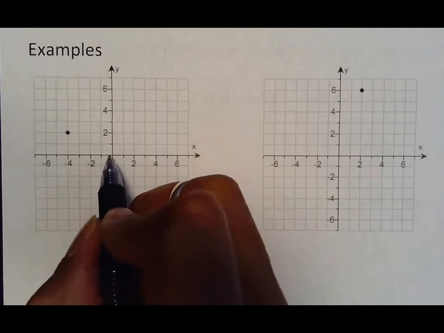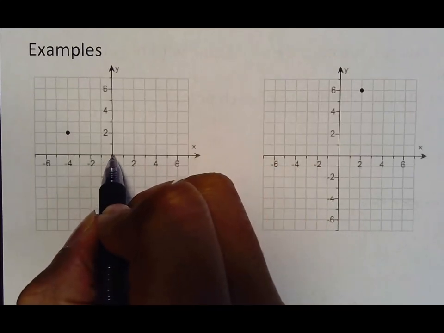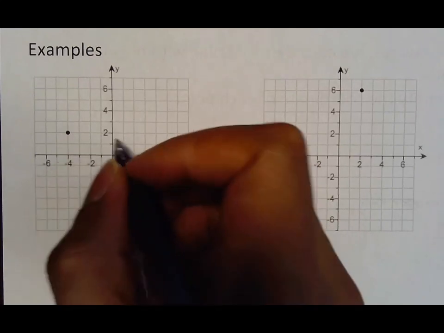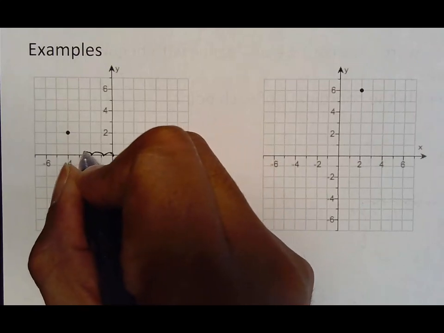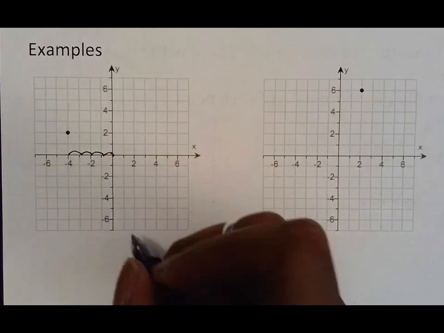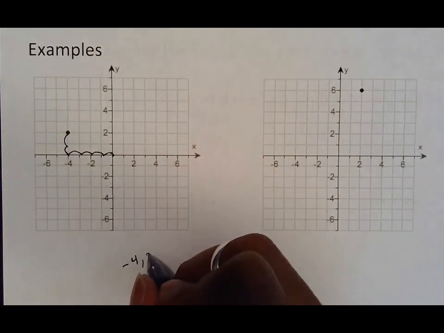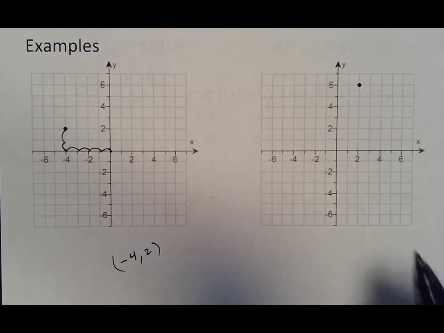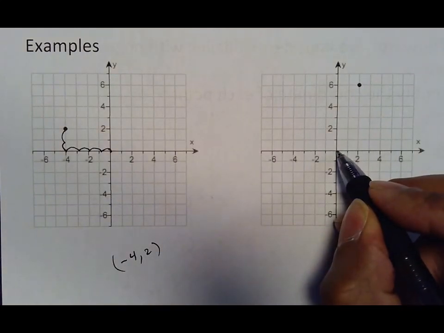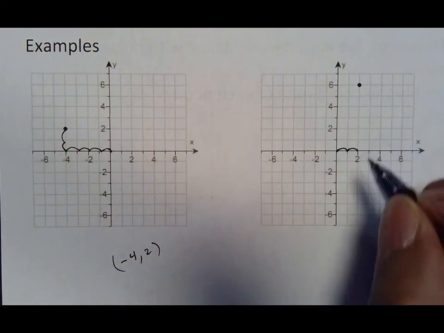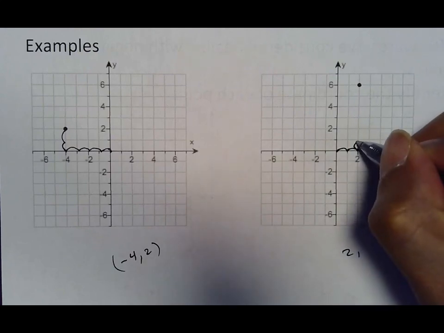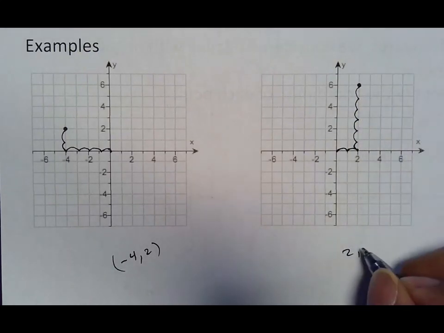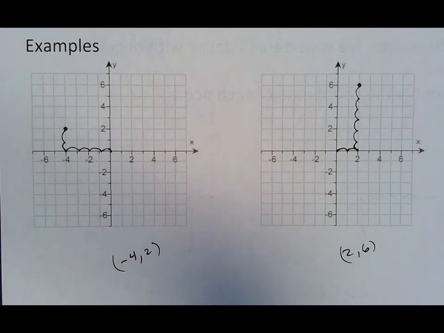But again, from here, start from the center, and the first thing I recognize is that I have to go backwards. So I go 1, 2, 3, 4 back, and then I go 1, 2 up. I think I saw that earlier if my memory serves me correctly. And then here, again, starting from the 0, I have to go forward to get under it. So 1, 2, and then 1, 2, 3, 4, 5, 6.